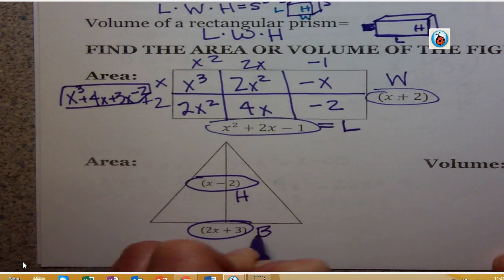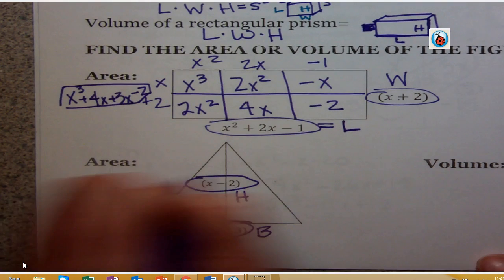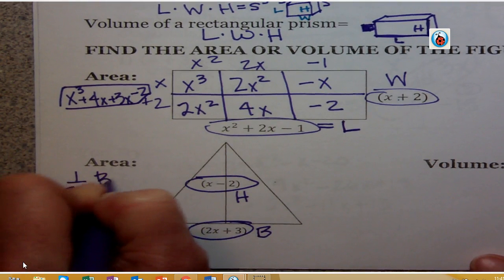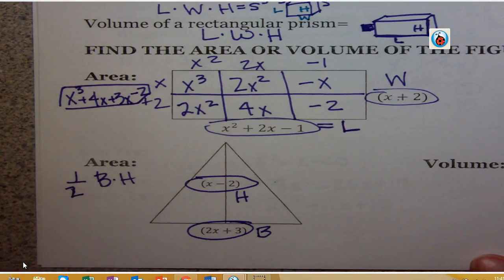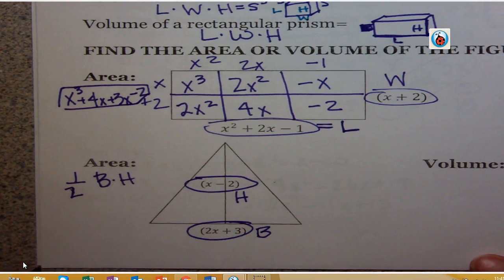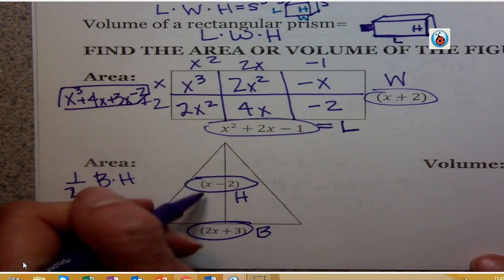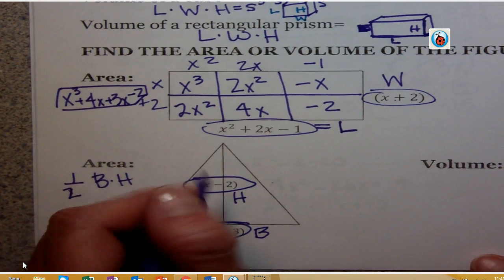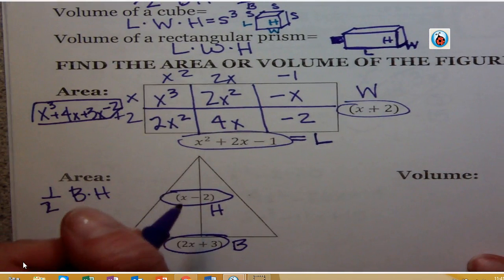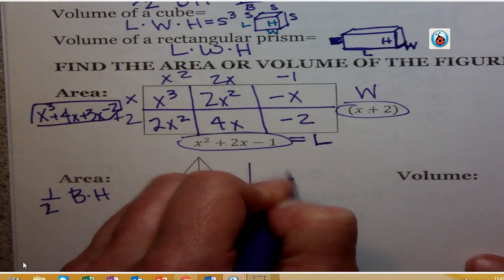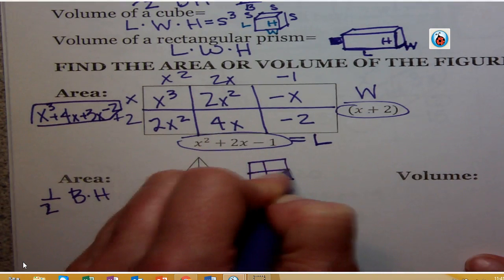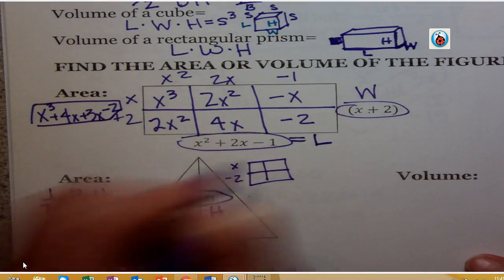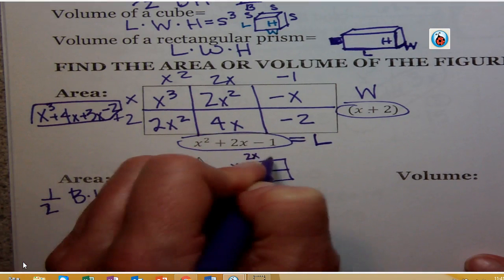This is my base. 1/2 the base times the height. But these are not simple numbers, so we have to multiply these together. In order to do that, if I was going to use the box method, I would create a box and do x minus 2 or 2x plus 3.